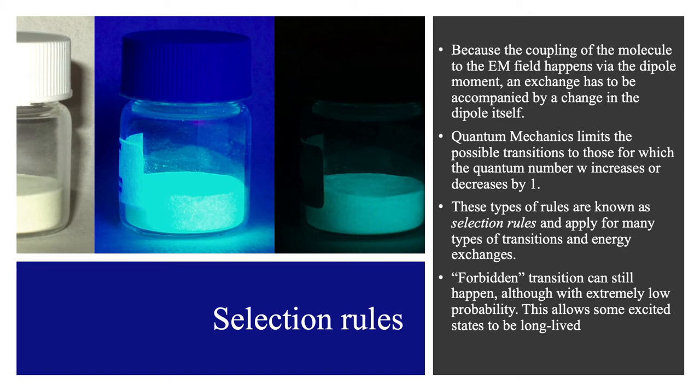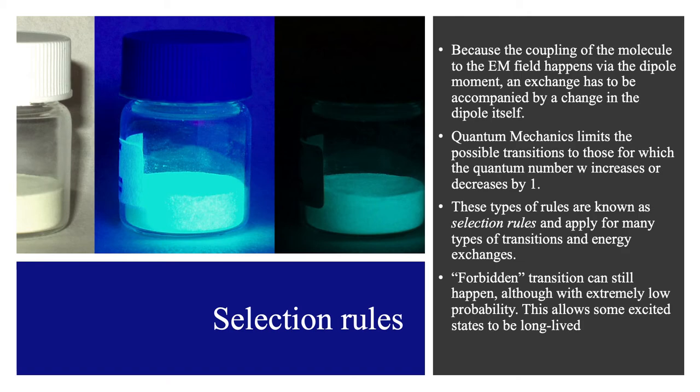The material is in that state and has no way of going back to the ground state, because what would take the material back to the ground state is a forbidden transition. However, because these transitions are not strictly speaking forbidden, but a lot more rare, they still happen, just more rarely. And when you see the fluorescent material fluorescing, you're observing these transitions that happen slowly, one after the other.